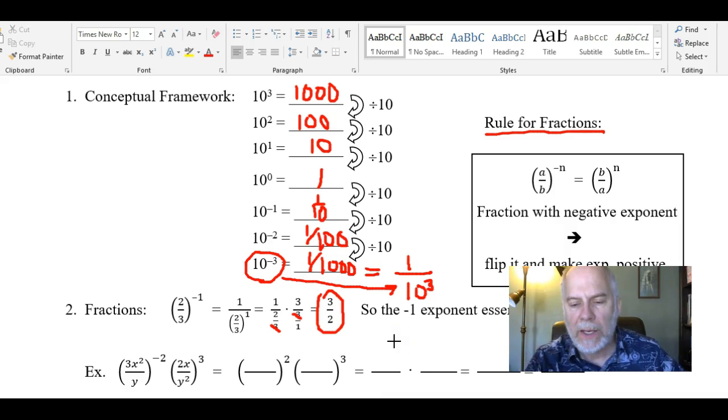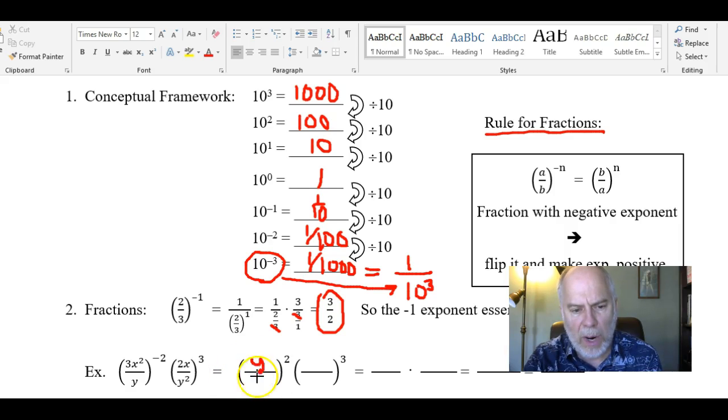All right. Now, the next example is about as tricky as it'll ever get with exponent laws. If you can do this example, you should be doing okay. So I've got this fraction to the negative 2 power. So the first thing I'm going to do is when I have a fraction with a negative exponent, I'm going to flip that over and change it to the positive power.